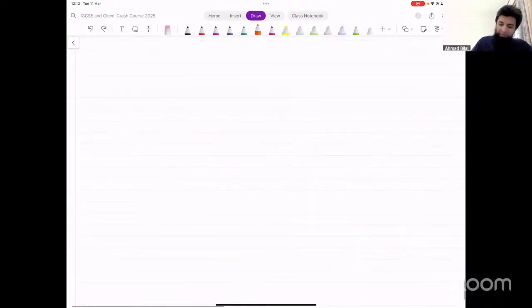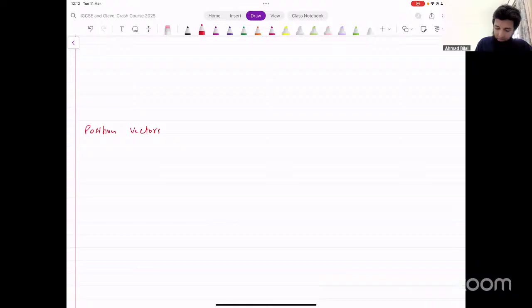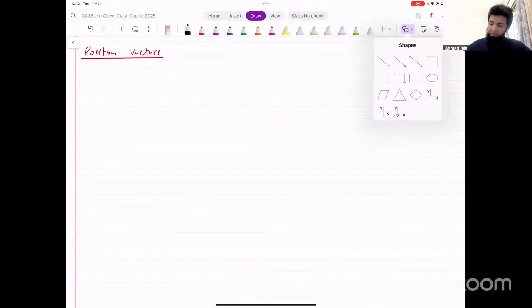Okay, now they want you to understand this terminology called position vectors. What are position vectors? It's a simple concept.